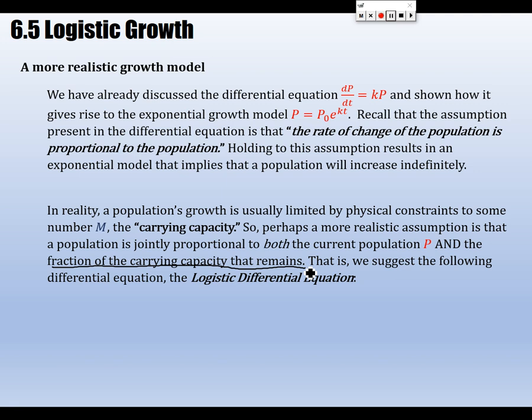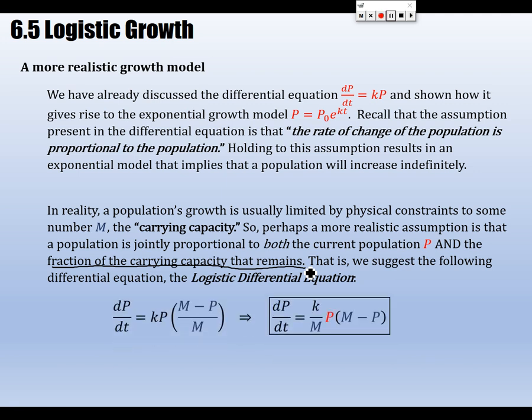So we want it also to be proportional to that. So I'm going to write down this differential equation, and let's see if each piece here makes sense. This looks very complicated at first. Certainly part of it already still makes sense, right? The dP/dt, the k, and the P all have a presence in this equation for reasons that you already understand. Do you agree? Because that's basically just the exponential differential equation.